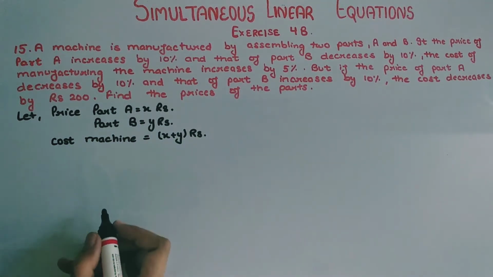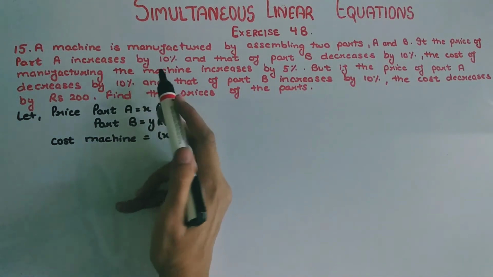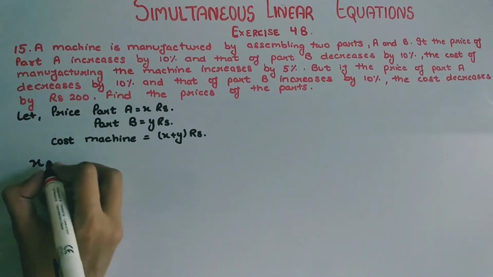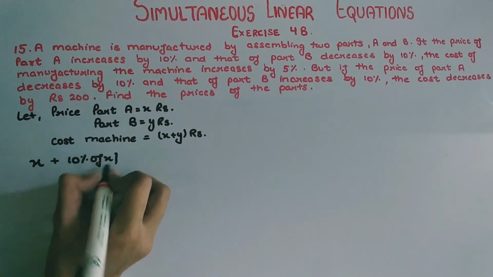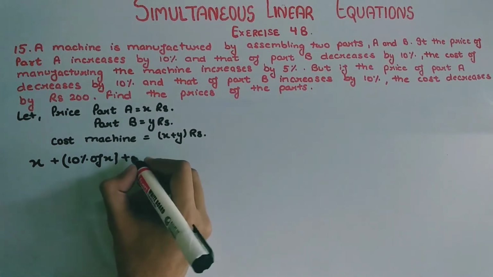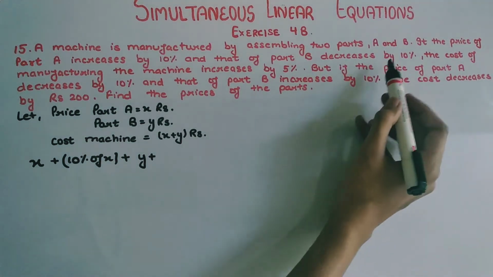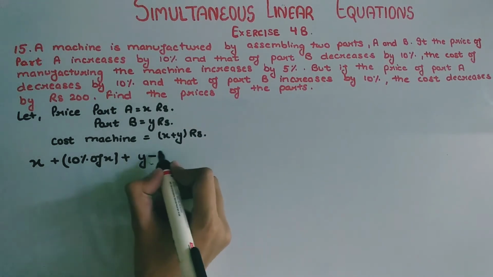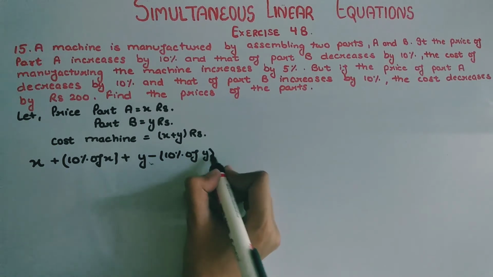Now, in the question we are given that if the price of part A increases by 10%, it means the price of part A was X, and now 10% of the price is increased, plus part B, the price of part B was Y, and we are given that part B decreases by 10%, that is, the cost of part B is decreased by 10% of the initial cost.